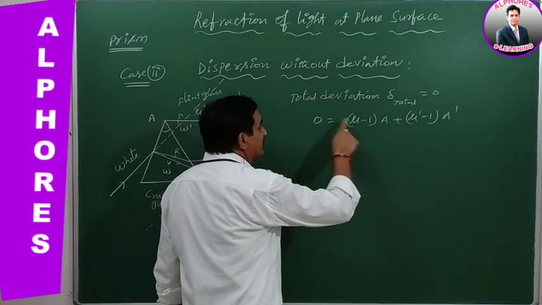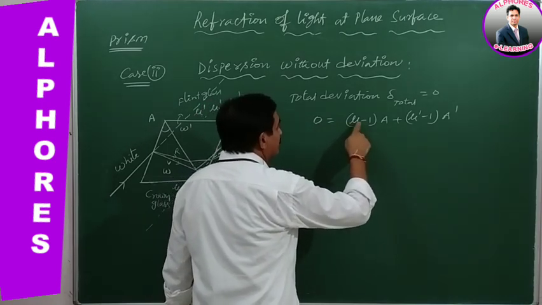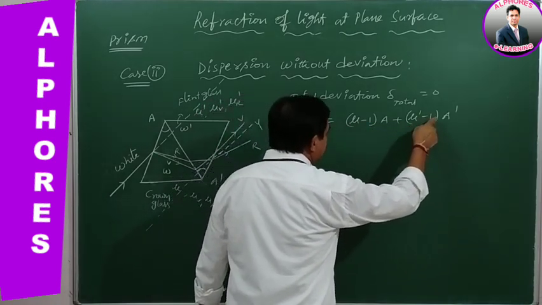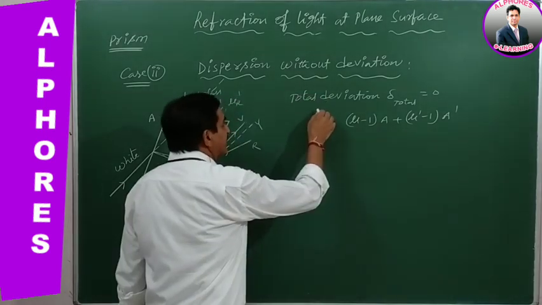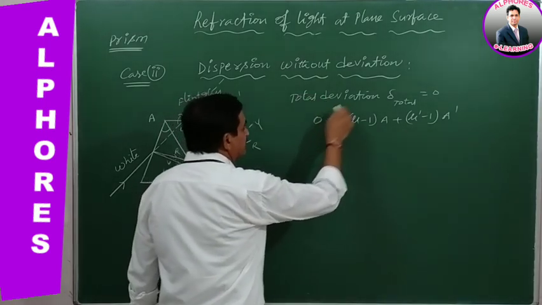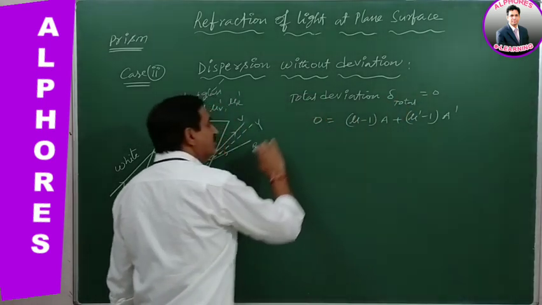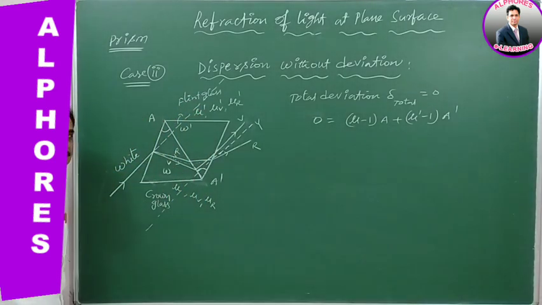The total deviation formula we know: (mu minus 1) A plus (mu dash minus 1) A dash. But the total deviation is 0 because here the deviation is not given.